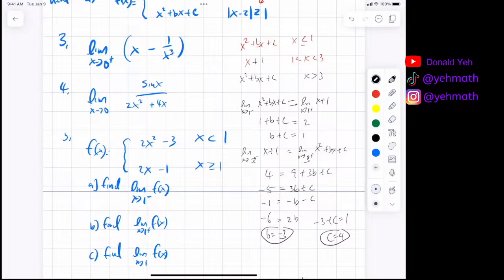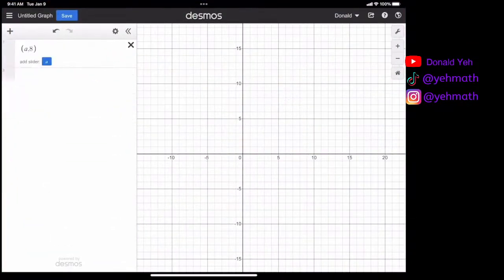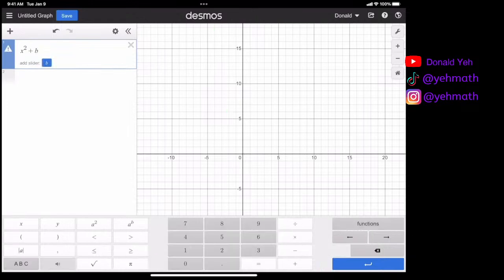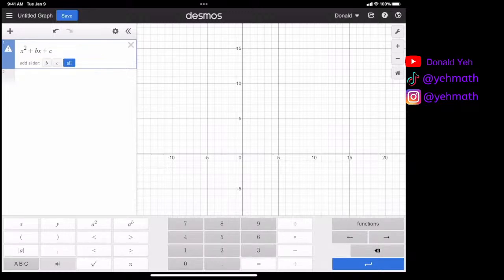Because I showed you guys last time. Okay, let's try it. x squared plus bx plus c. And what's my restriction? I forgot.